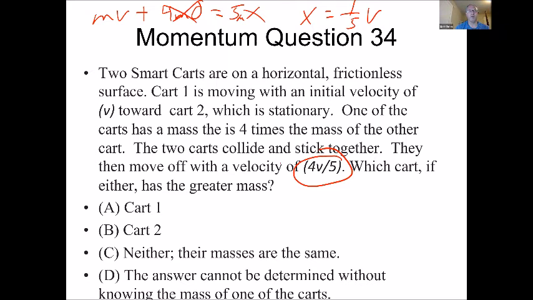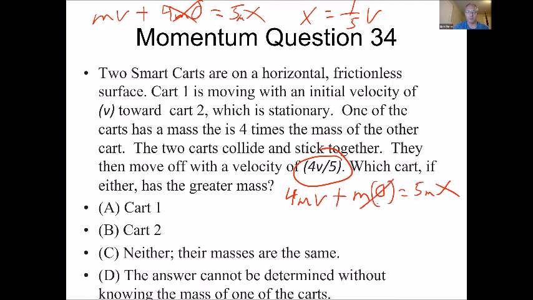So now let's try it the other way. Let's say that cart 1 is the one that's moving fast. So its mass is 4m. It's moving at speed v, plus cart 2 is mass m. It's not moving. And that's equal to the combined mass of 5m times some speed x.